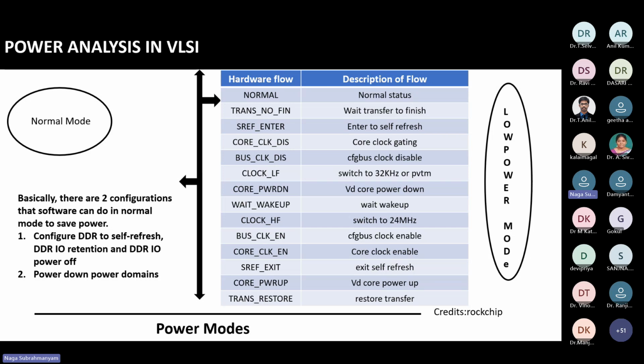After some time, if the system is still under use, slowly it will come to a state called low power mode. Mostly SOCs have these two modes, normal mode and low power mode. But when it needs to come to low power mode, and when it needs to go back to the normal mode, it depends on the individual design.